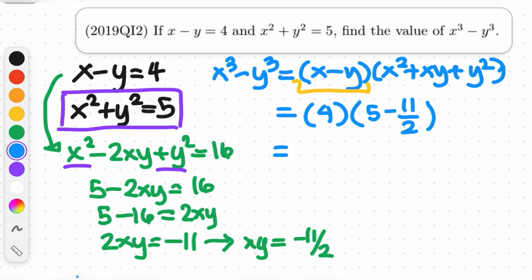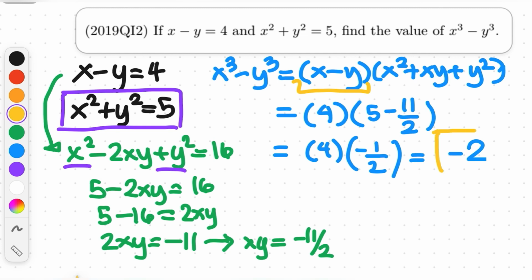So it's just a matter now of evaluating this. That's 4 times 5 minus 11 over 2, which is negative 1 half. And 4 times negative 1 half finally is negative 2. And that is the value we're looking for.